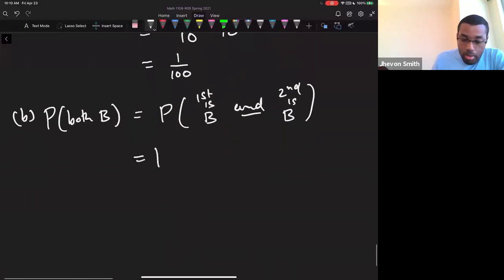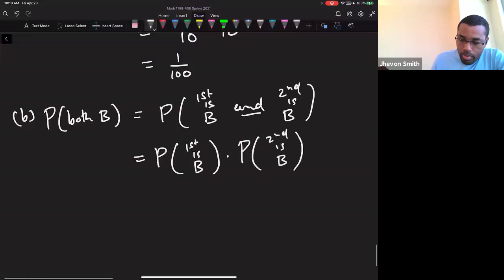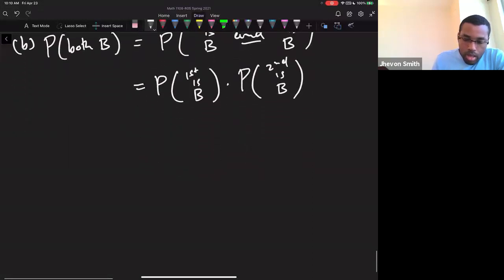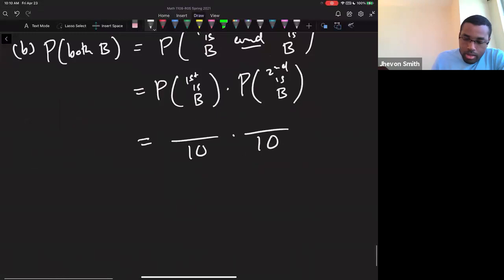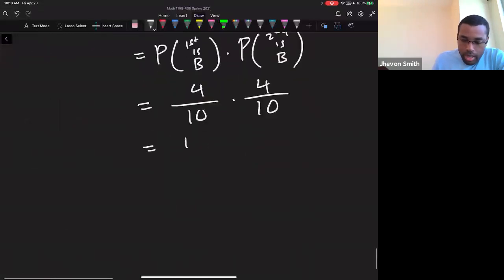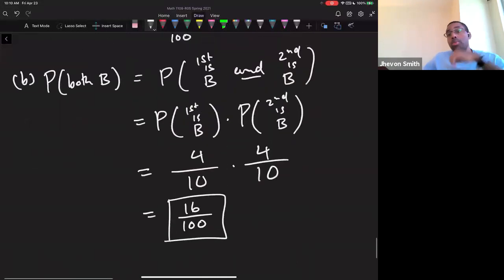So that's going to be the probability first is blue times the probability second is blue. It's going to be something over 10, something over 10. And blue, there were 4 of them. So this is 4 and 4. So that's 16 out of 100. There's a 16% chance that you'd pick blue both times.